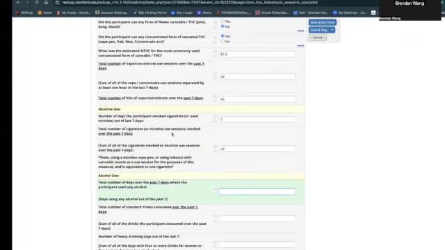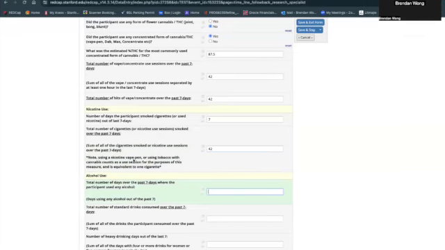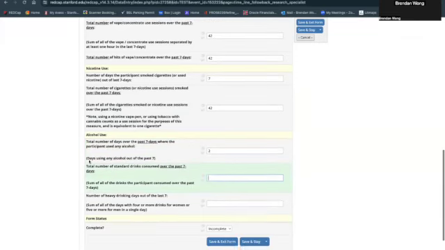Any alcohol usage in the past week? We would go back to the timeline follow back and notice that there were 2 days that the participant used alcohol. And then we would record the total number of standard drinks that they had consumed over the past 7 days. That was a total of 4 drinks in the past week.